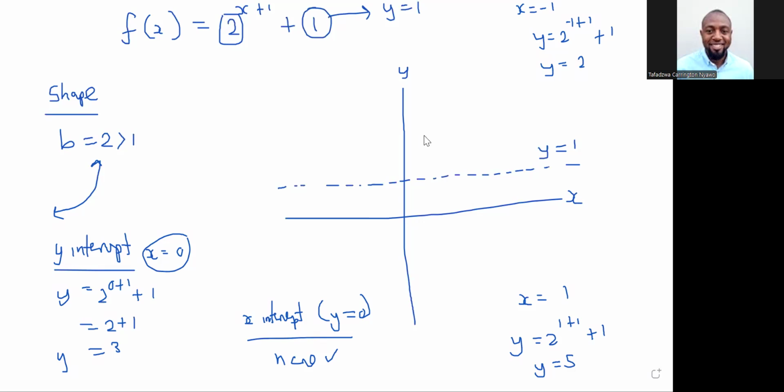The next thing I'm going to do is draw my graph. It's going to go like that because it's increasing.